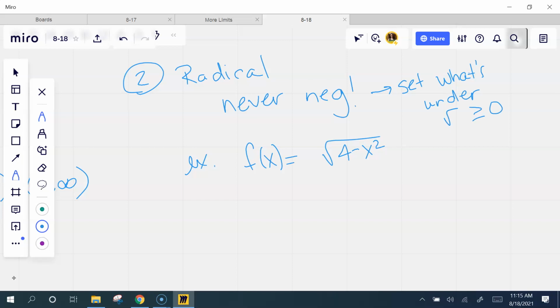And I just put a little note there. Take what's under the radical and set it greater than or equal to 0, so that I can determine.